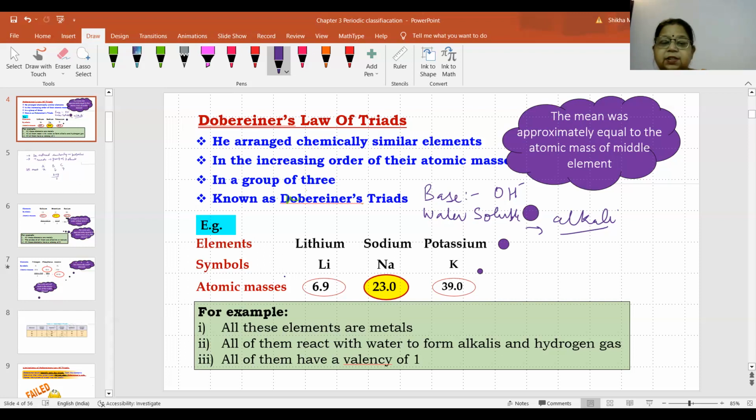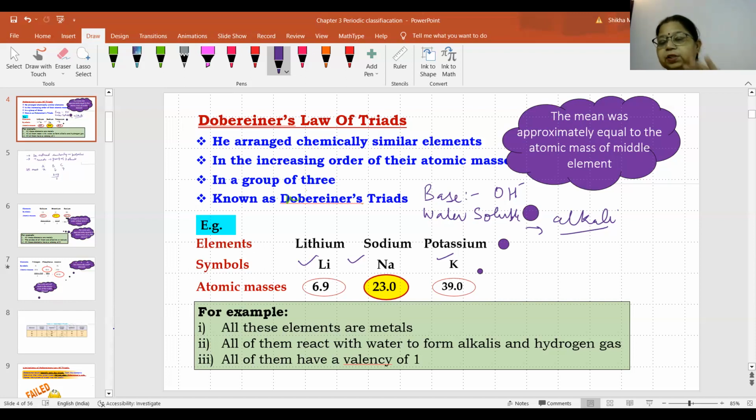So what we are trying to say is that lithium, sodium, and potassium react with water to form such a base which, when dissolved in water, becomes soluble, and they liberate hydrogen gas. All of them have valency 1. I think that makes sense to all of you, right?